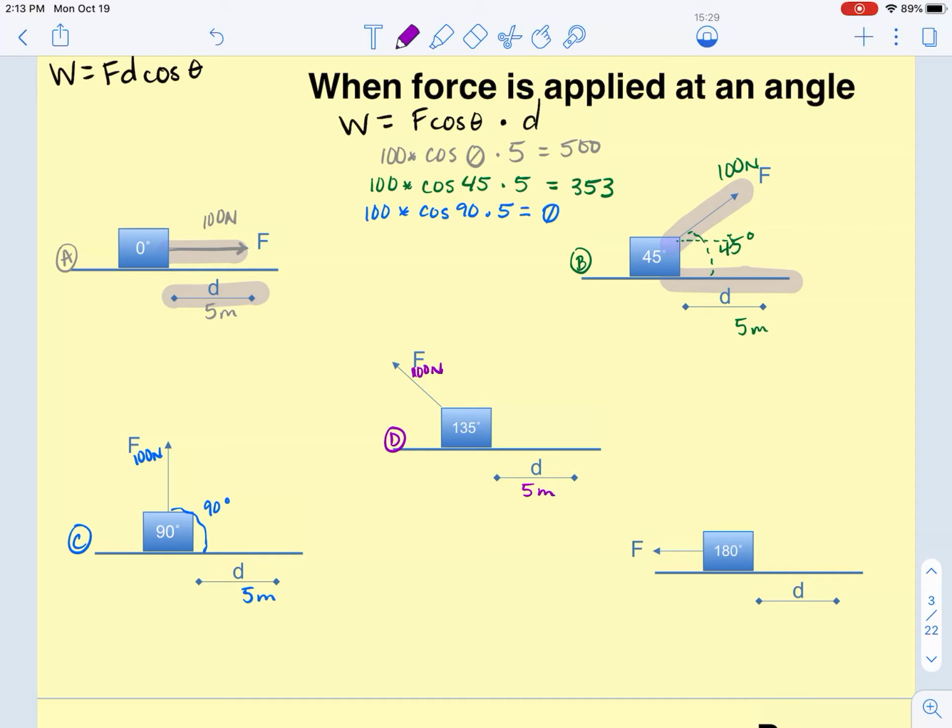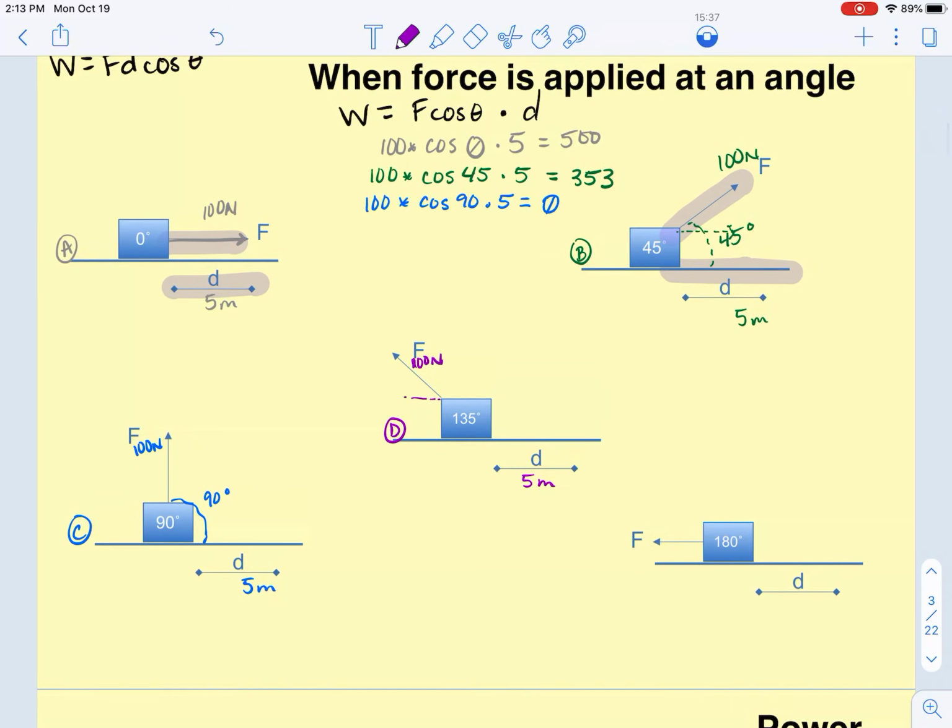So conceptually, I hope you can see that this is going to be negative work. Our force is being applied at an angle so that the horizontal component here is actually in the opposite direction of the direction of the object's motion. So it's a negative force applied here in terms of that directional aspect. This is going to give us negative work.